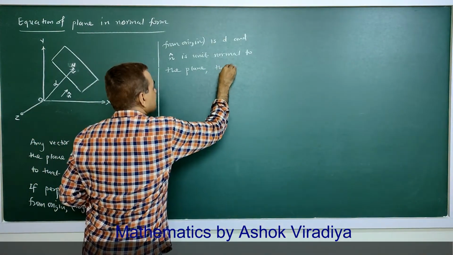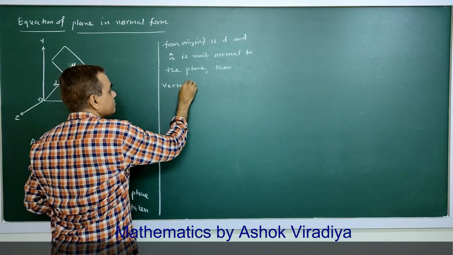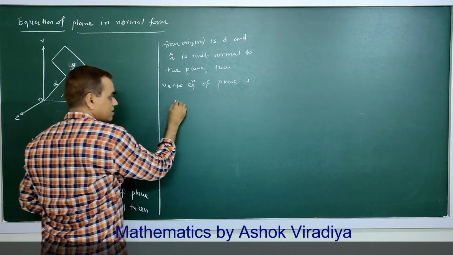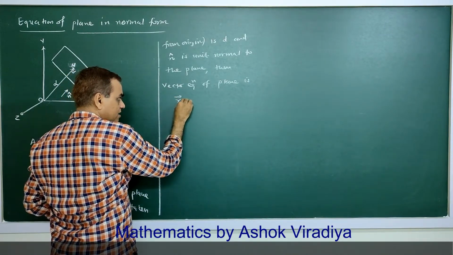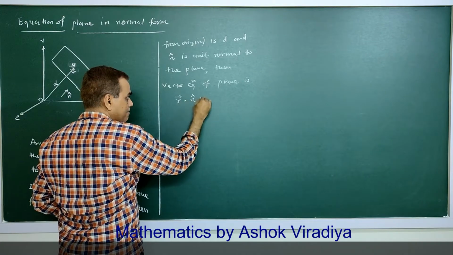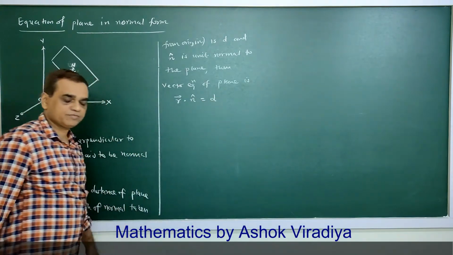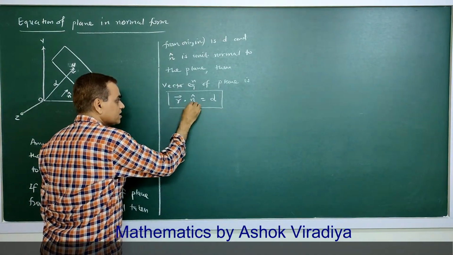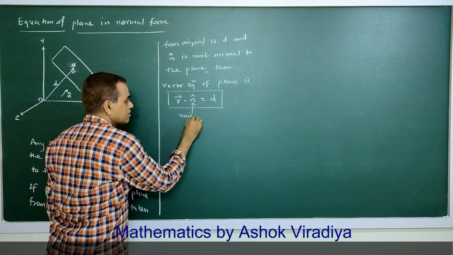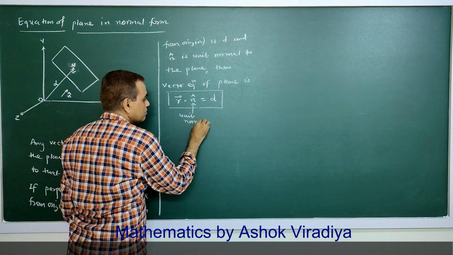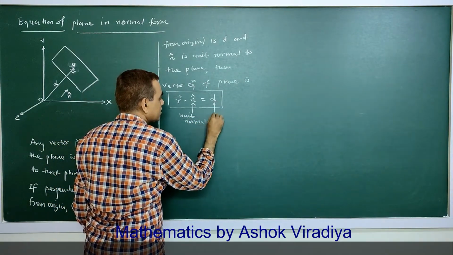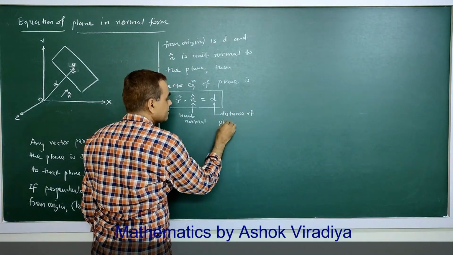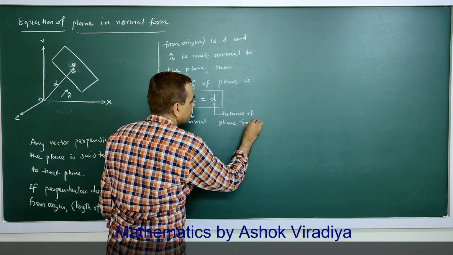Then the vector equation of a plane is vector r dot n cap is equal to d. Remember, in this formula, this is the unit normal and this is the distance of plane from origin.